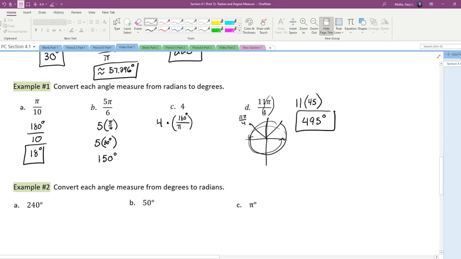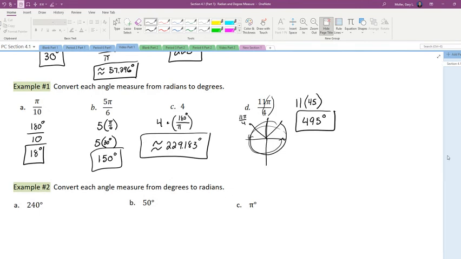Radians that we don't even have written down cancel out. I'm left with degrees. And so the answer is whatever 4 times 180 is divided by pi. And the answer is approximately 229.183 degrees.